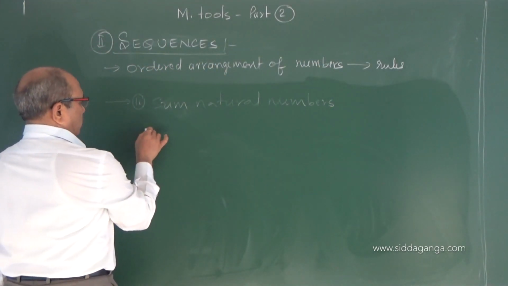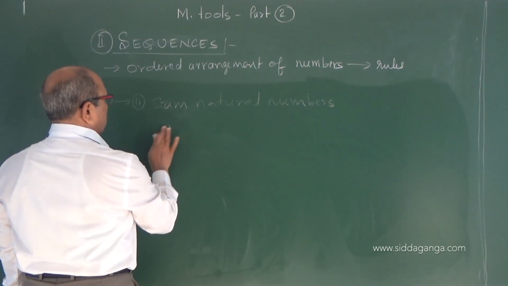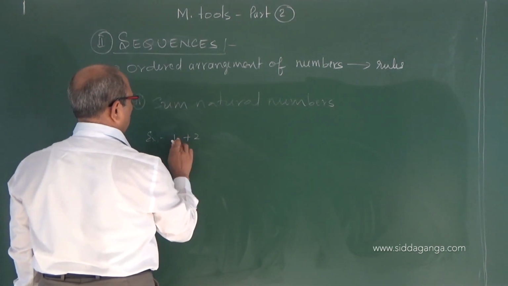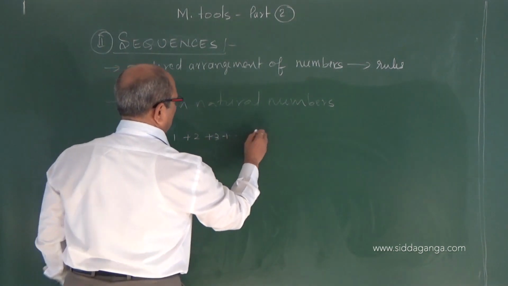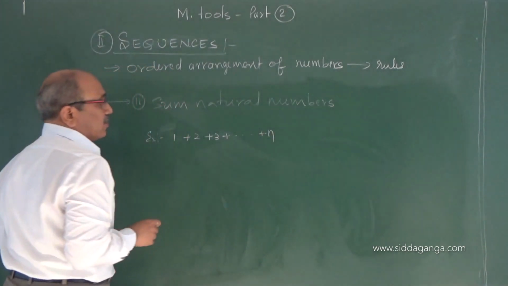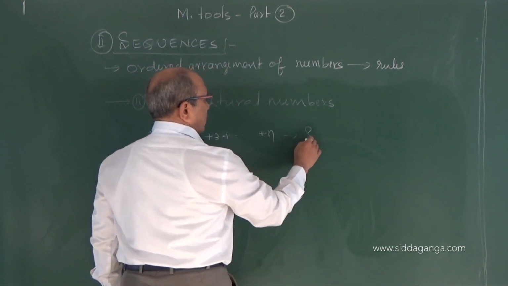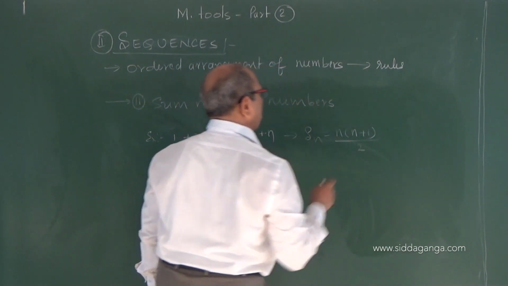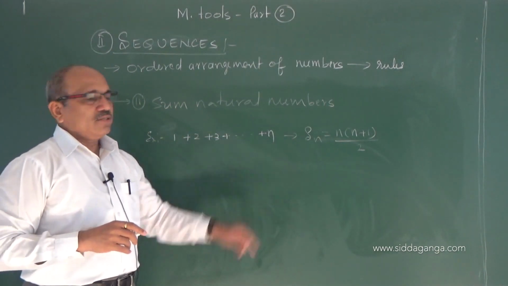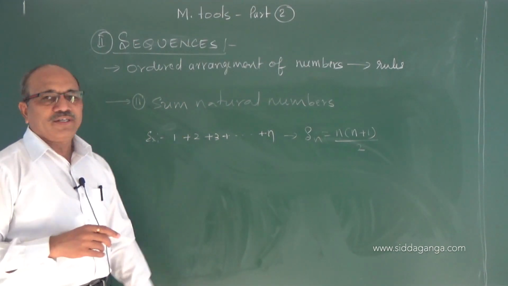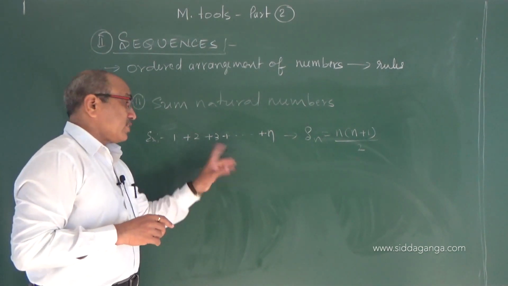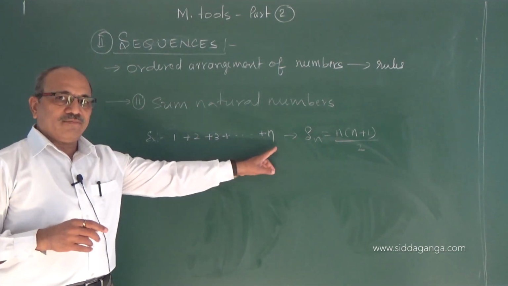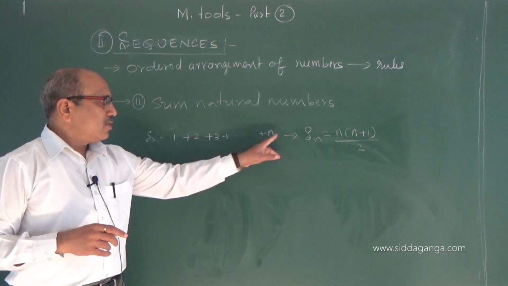For example, 1 plus 2 plus 3 and so on plus n has the solution Sn equal to n into n plus 1 by 2, where it has n terms. Natural numbers, as you know, are all positive numbers except 0, and adding them, the solution is obtained by this.